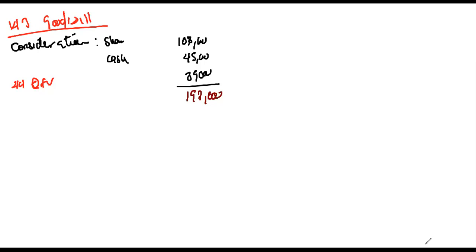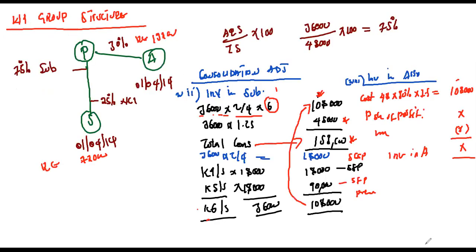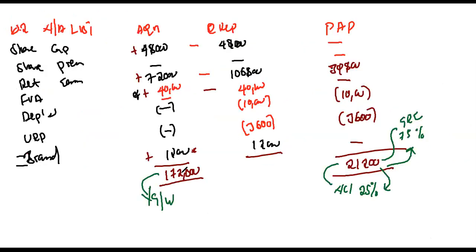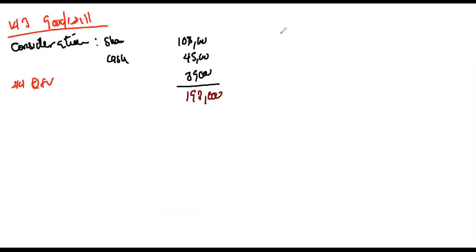Remember what we said? To work out our goodwill, we are going to need a figure, and the figure we're going to need is this guy here, the 172, to remove from the total consideration. So we bring now net assets at acquisition, 172,000.